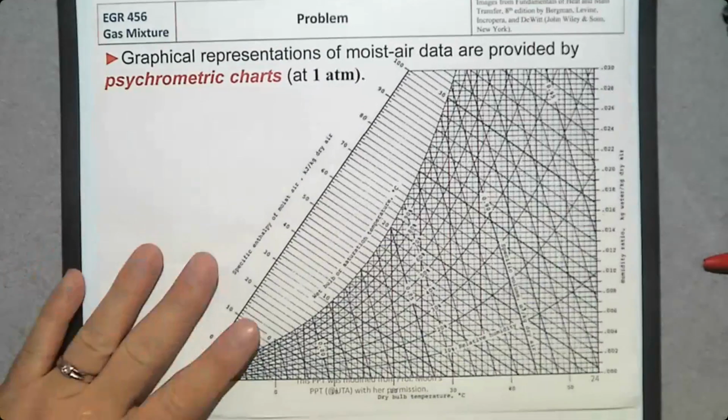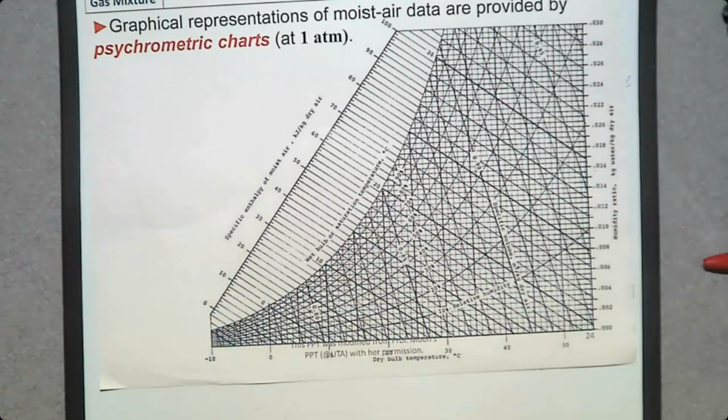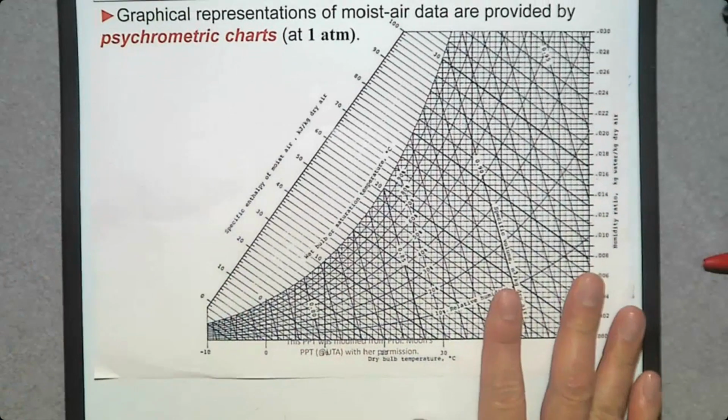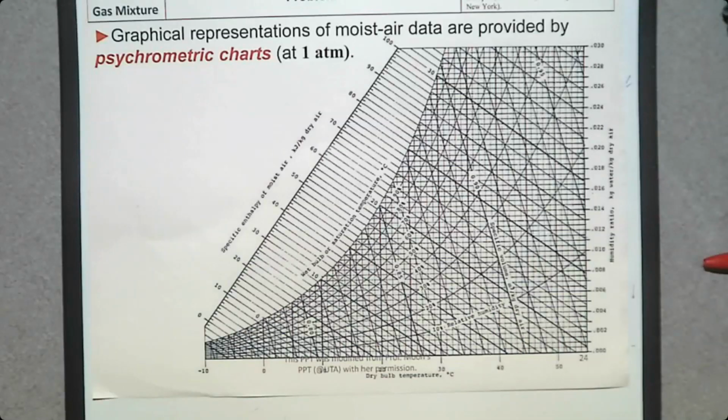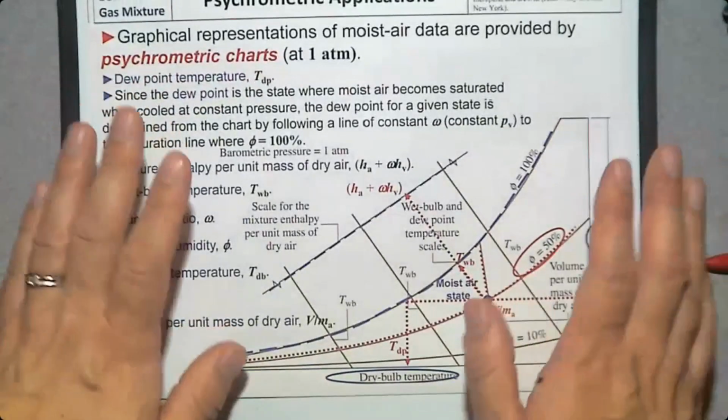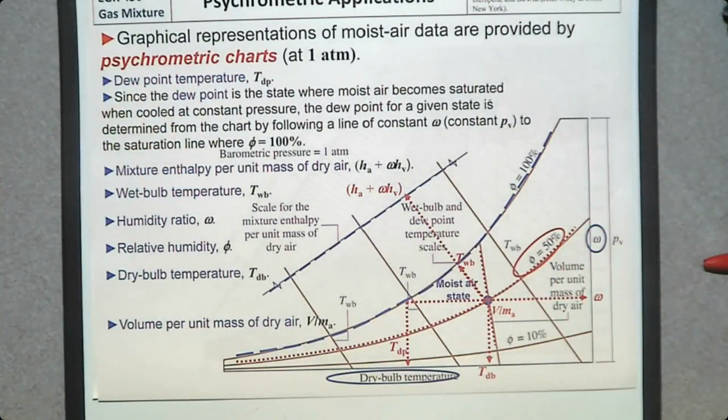Some people like to use this psychrometric chart to understand moist air. Looks pretty complicated. And this is an instruction how to use the psychrometric chart. And this is just for your information. It won't be in your exam.